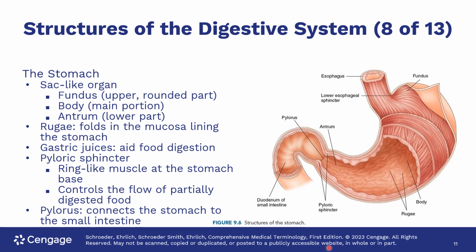Gastric: gaster is stomach, and ic is pertaining to. Juices are released in the stomach to help with digestion. The pyloric sphincter is a muscle ring at the base of the stomach that controls the flow of food into the small intestines. The pylorus connects the stomach to the small intestines.